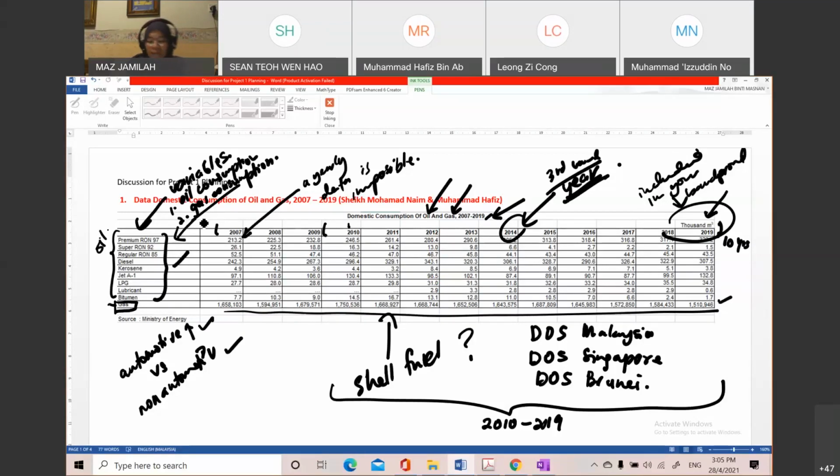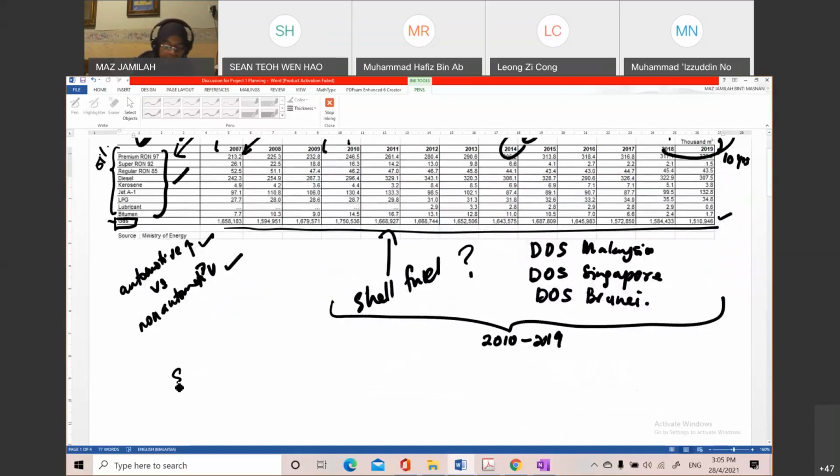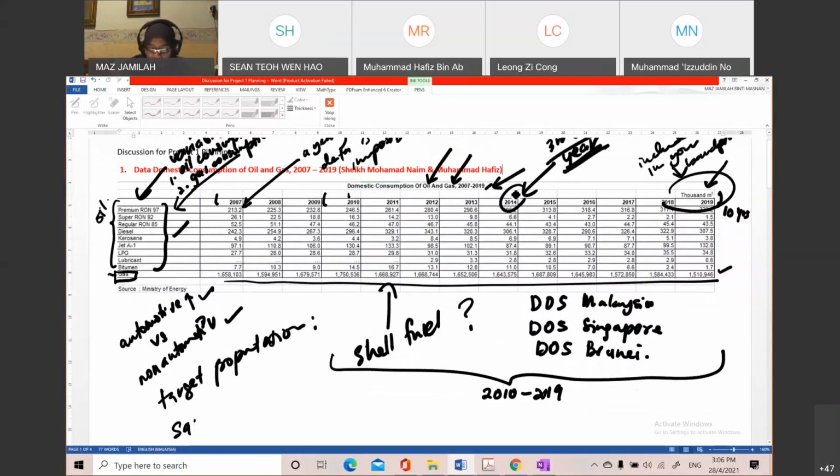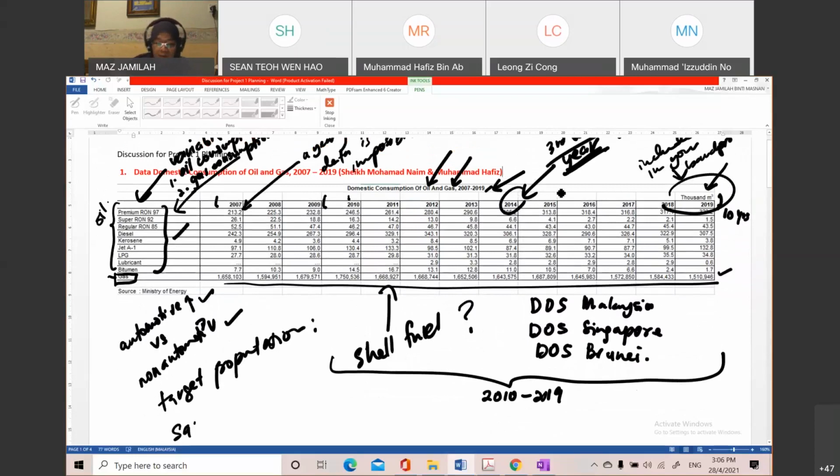Now, what is my sample in this case, class? What is my sample? Or target population first? I don't want to answer the question because this is someone's project, but I can give you a hint.